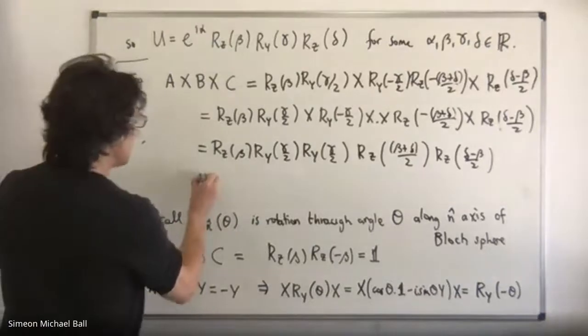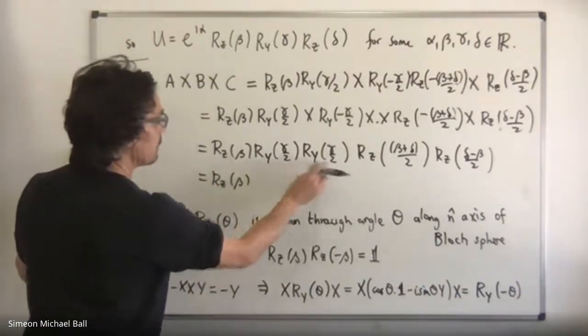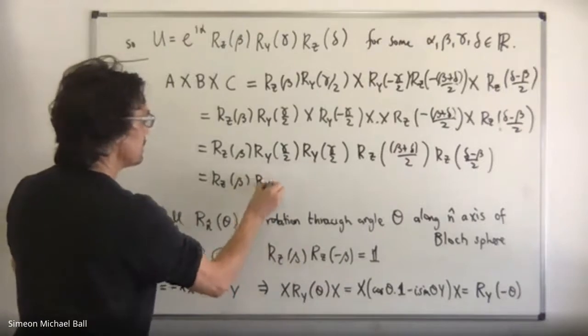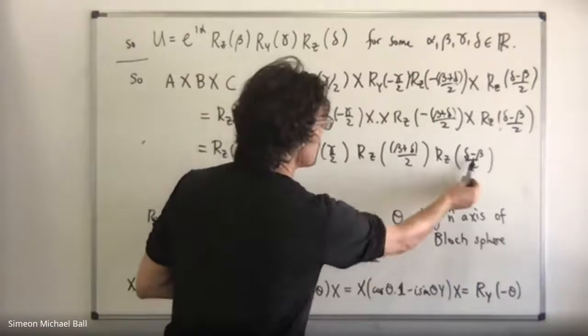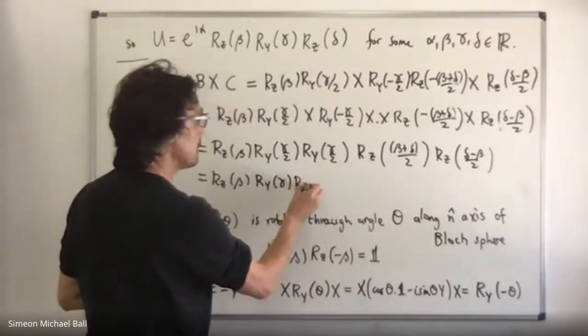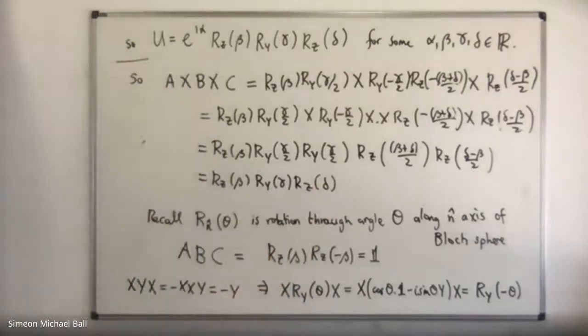And now we see, since rotation through an angle of gamma followed by gamma divided by 2 is just rotation through gamma, and here I'm rotating along the z-axis twice, so I can just sum the angles, and I get delta. Ooh!